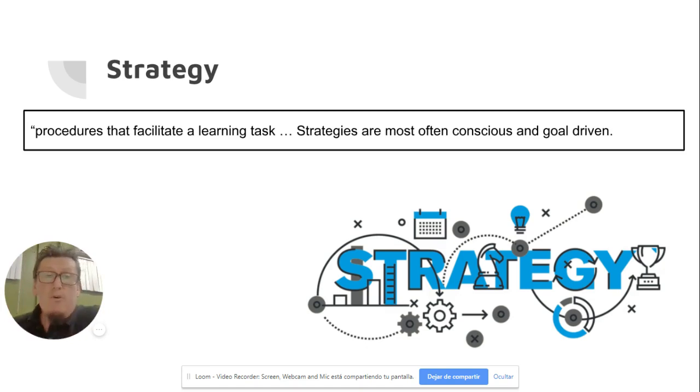So strategies are most often conscious and goal driven. This last part is really, really important. Like I was saying before, you're probably already using a lot of strategies, because this is something that we just naturally do.